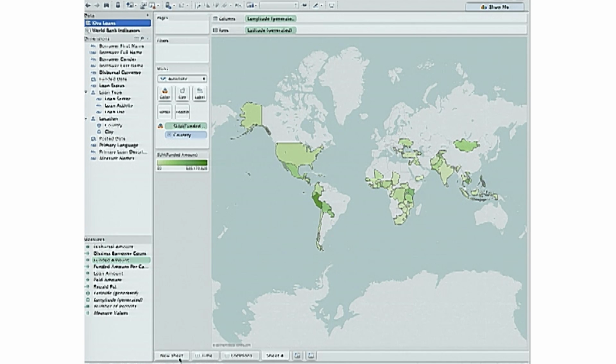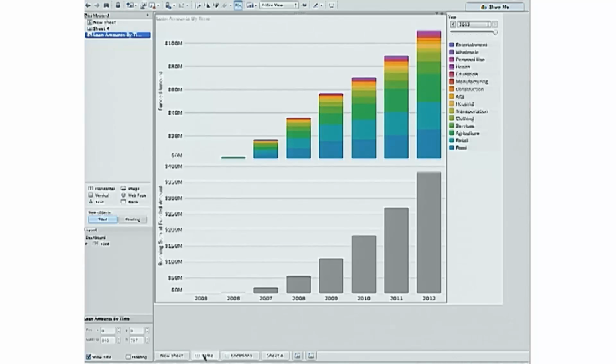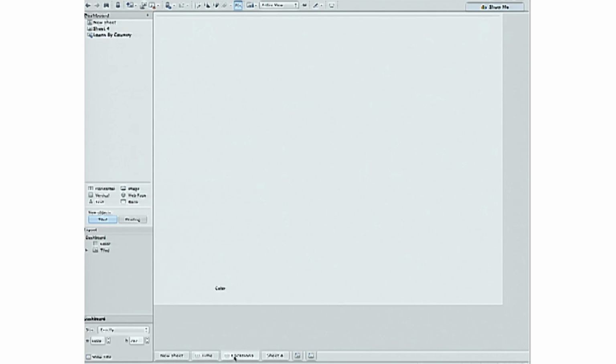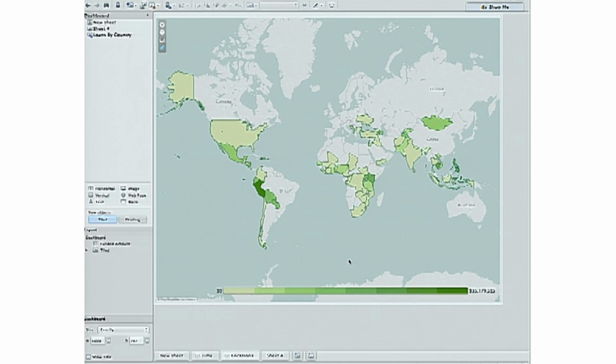What I already have done here is I built slightly more polished versions of these views. So here's a dashboard that involves the first view where I've added a filter at the top and the color legend. And here's the map where I've added the color legend on the bottom. And so the key question is, how hard is it to actually tell a story using story points?